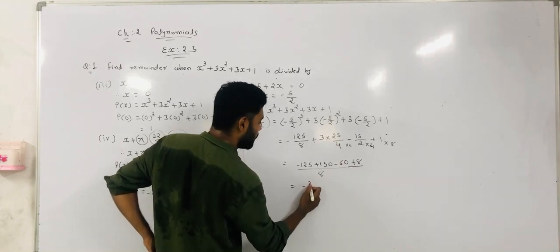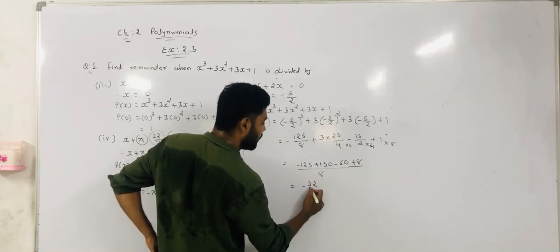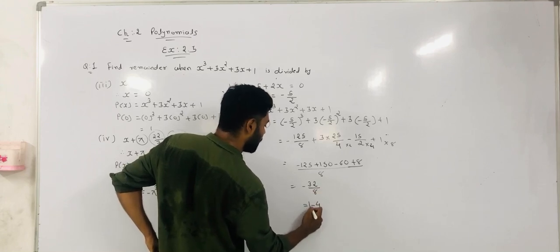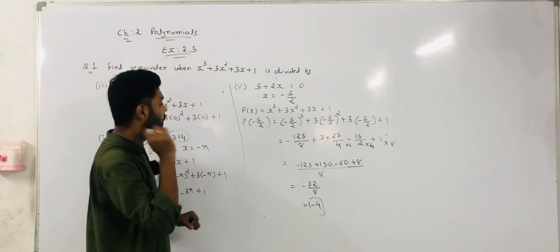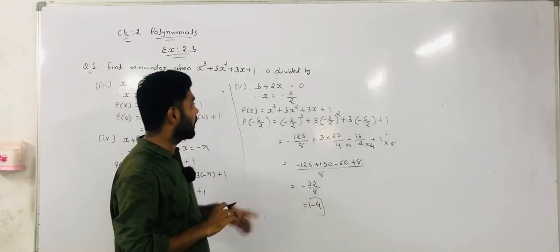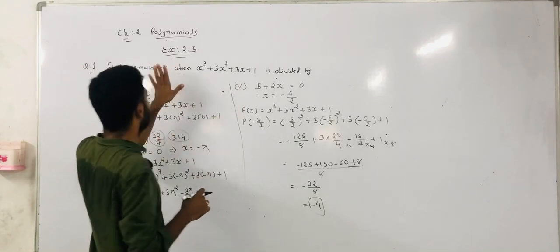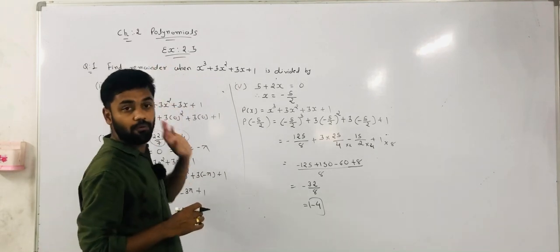So you will get minus 32 divided by 8, equal to minus 4. So the remainder is minus 4. So again, 5 plus 2x is also not a factor of your given polynomial p of x.